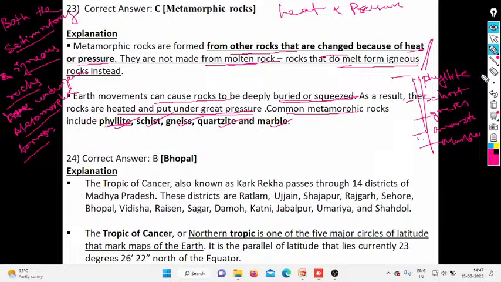Both sandstone and igneous, sorry. Next question.